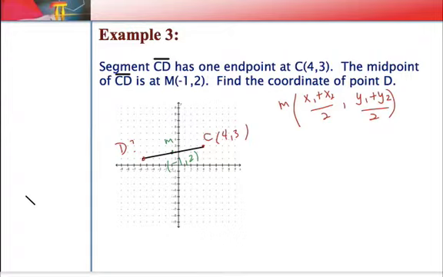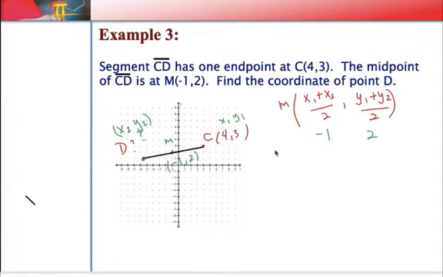You also know that the x-coordinate of the midpoint is -1, and the y-coordinate of the midpoint is +2. You also know x1 and y1, and what you're trying to find is x2 and y2, right? That's our question mark here.